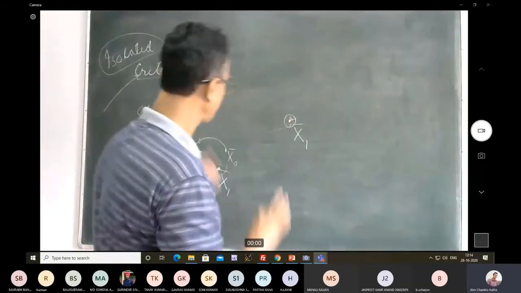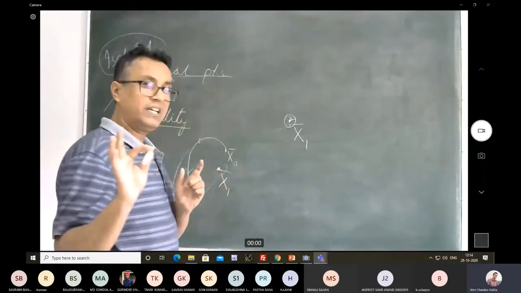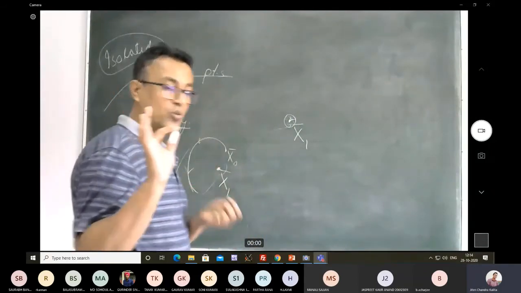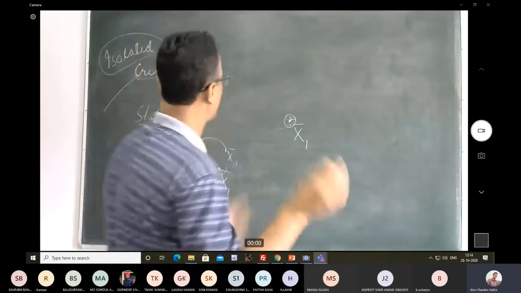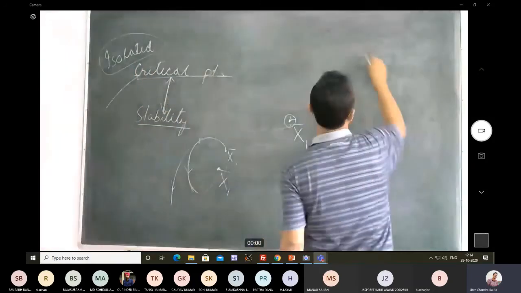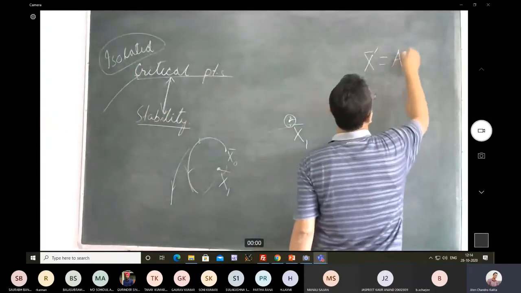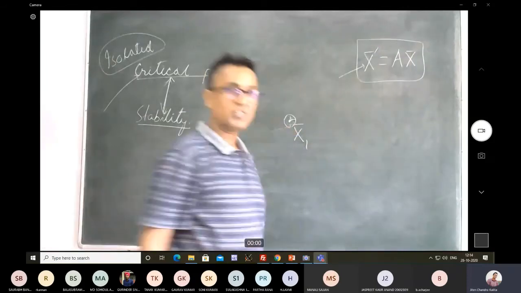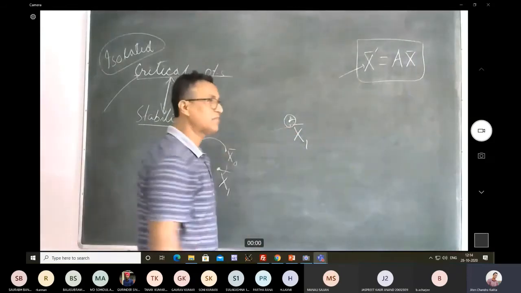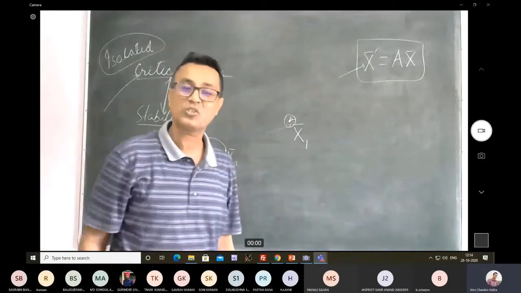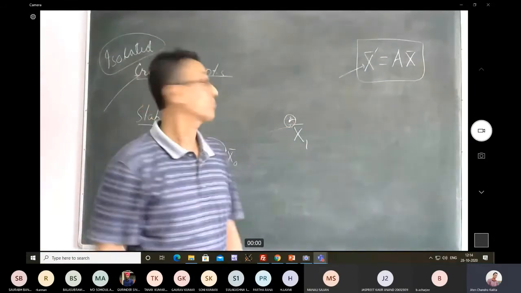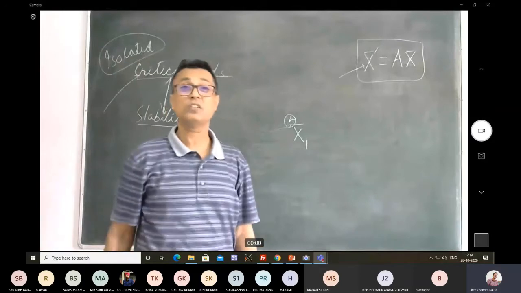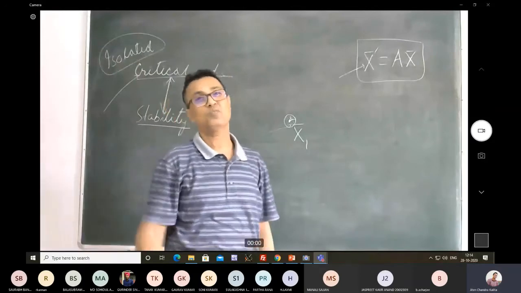Okay, that's it. The next thing I'm going to do, because probably you are thinking that I'm going to start with the solution of some system of equations like this, and then describe the critical points or the stability of the solution depending upon the eigenvalue, eigenvector and so on.